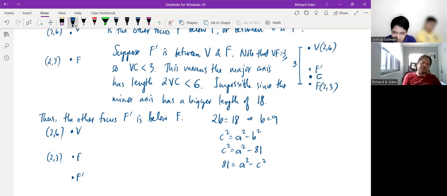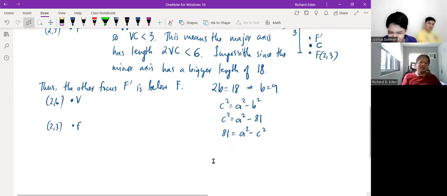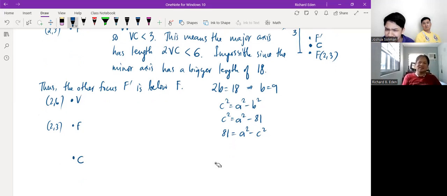Can we use the coordinates? How? Because A squared minus C squared is equal to A plus C times A minus C. And then we already know what A minus C is.